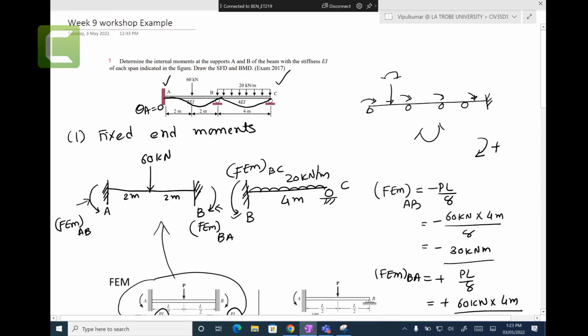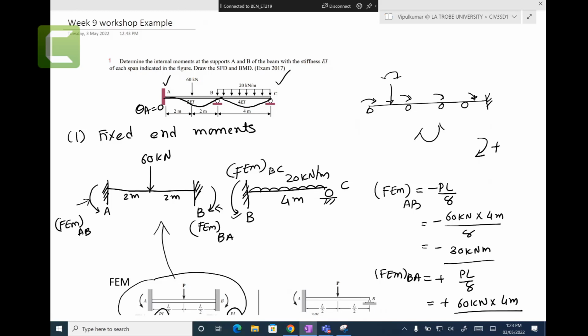We put the moment here because we don't want 60 kilonewton here and 20 kilonewton here, and we made some changes at B. So we need to make sure that whatever moments come at B are in equilibrium, because the sum of the moments at point B equals 0. Whatever moment is transferred from here or here should sum to 0. If it's not equal to 0, we need to put extra moments there.